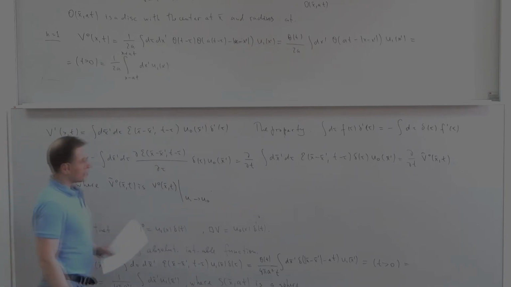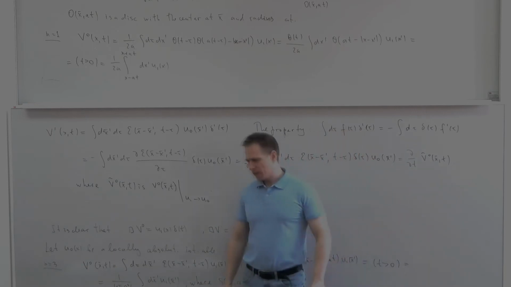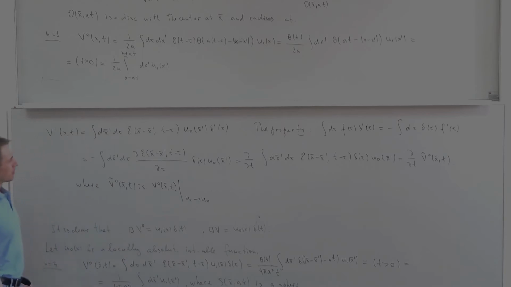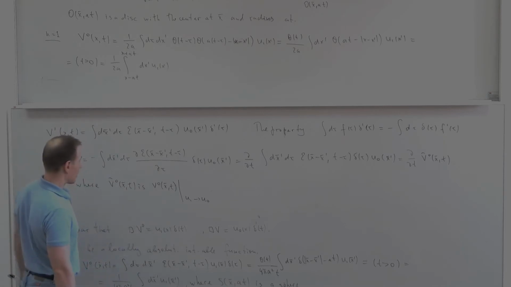But as for the retarded potentials V0, we have already found the explicit expressions, and so we have the explicit expressions for the potentials V1.